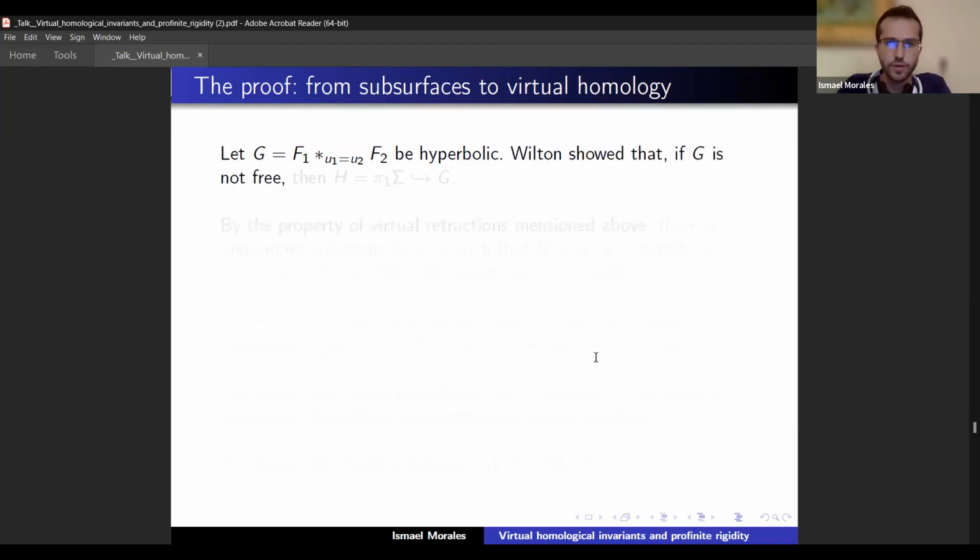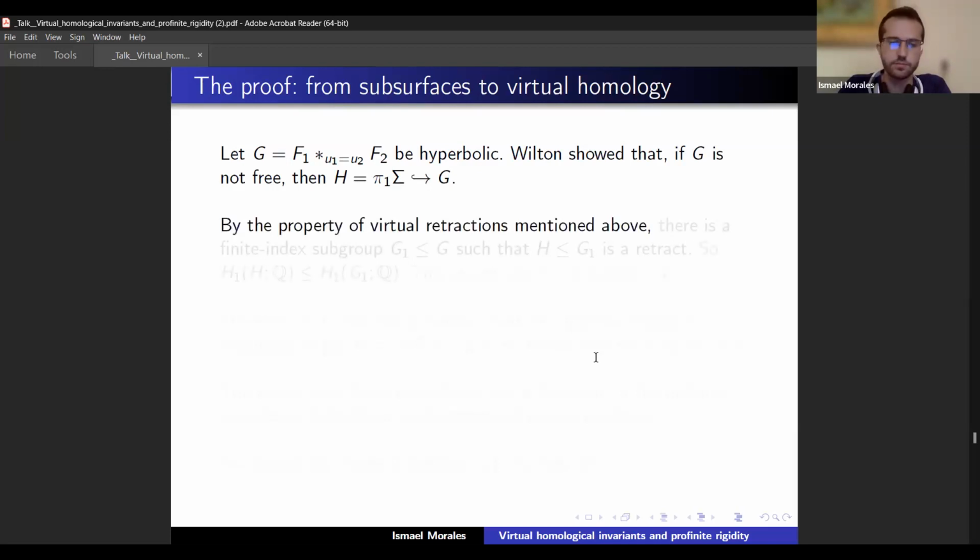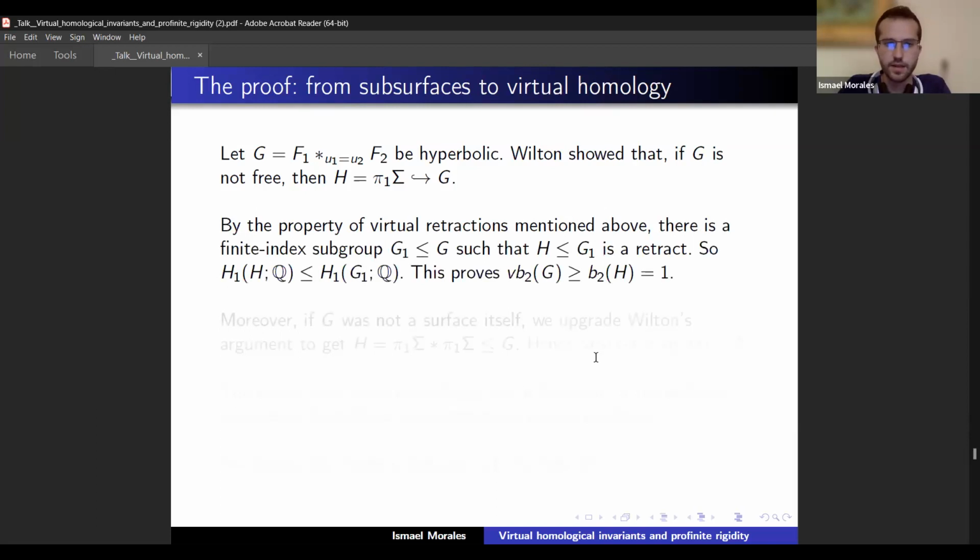Let us first recall that Wilton showed that if G is not free, then there is a surface subgroup of G. And this is how, in combination with the virtual retraction properties of this group G, he can get that the virtual second Betti number is positive.